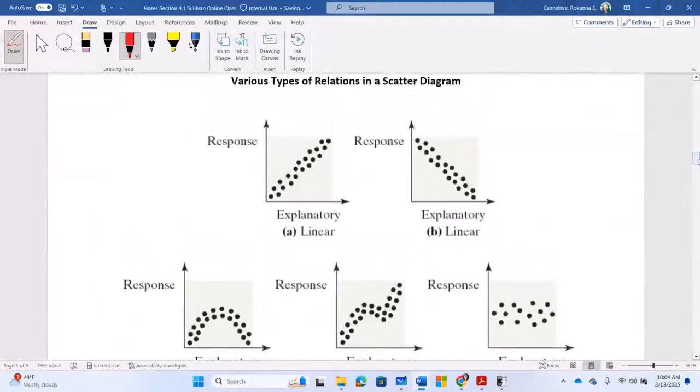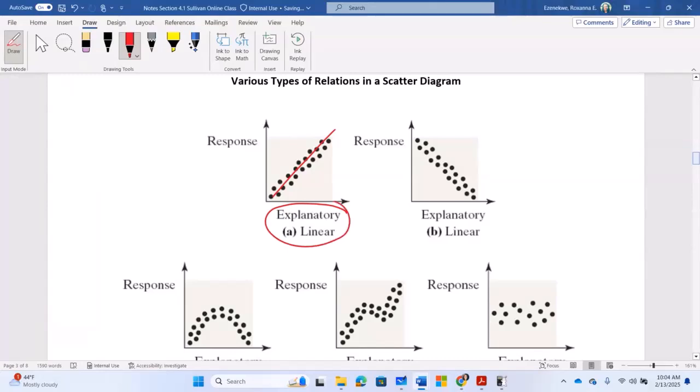If I have a scatter plot where all the points are going to the right, and I draw a line here, the line is going to be a linear graph that has a positive slope. So we shall say that this is linear.